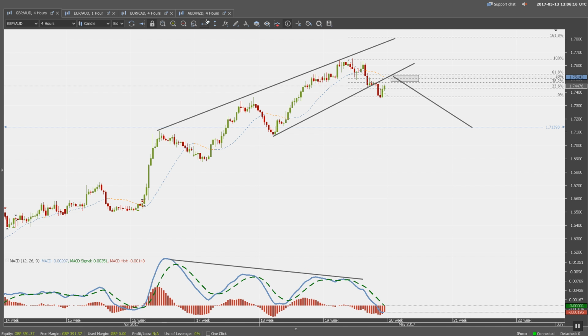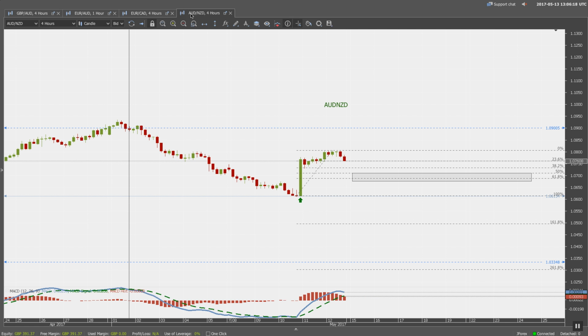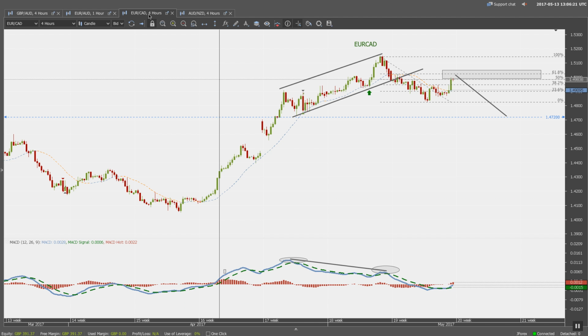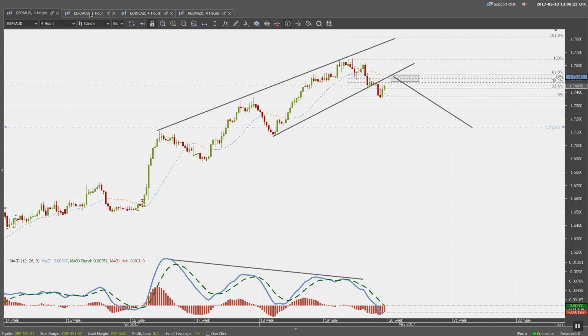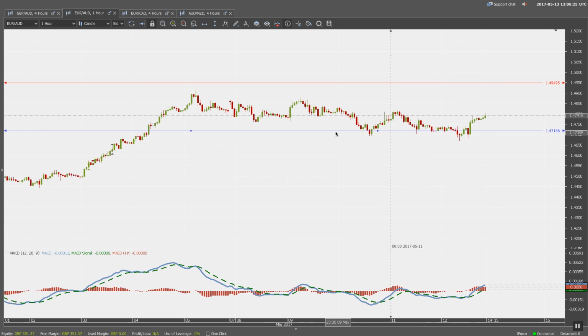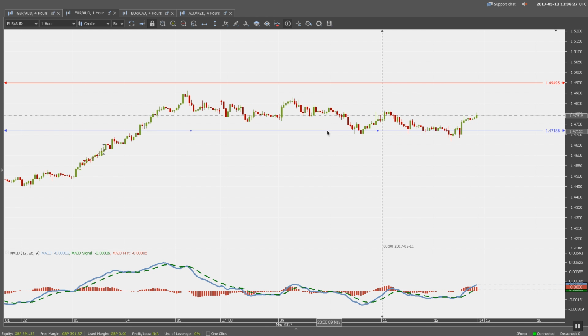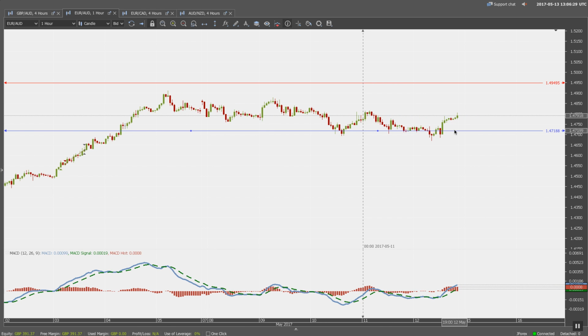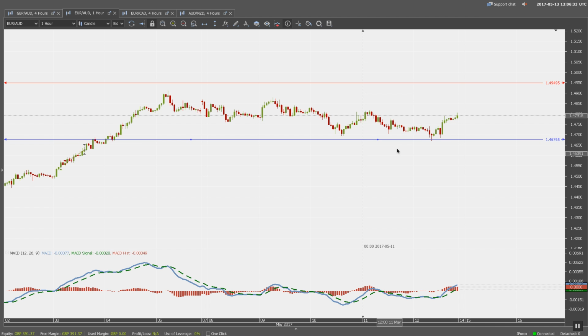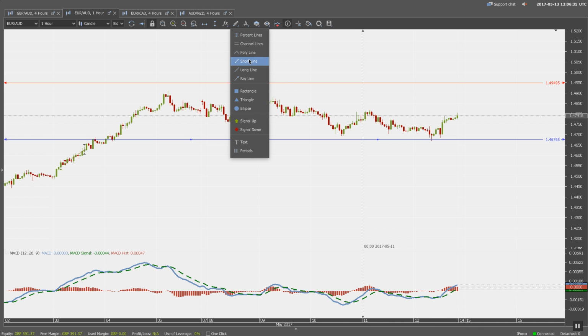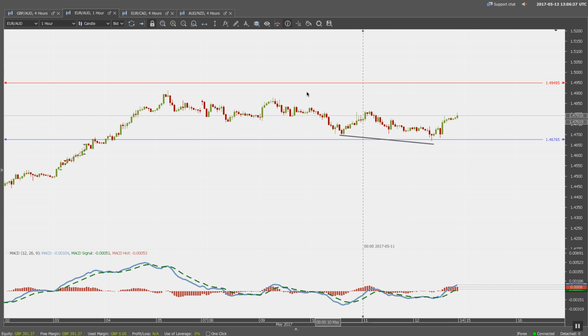That's pretty much it. Those three pairs: Aussie New Zealand, Euro CAD, Pound Aussie. There is also a trade on Euro CAD. The only thing is I'm waiting for a confirmation. The only problem with this one is now we have positive divergence on a 1-hour chart.